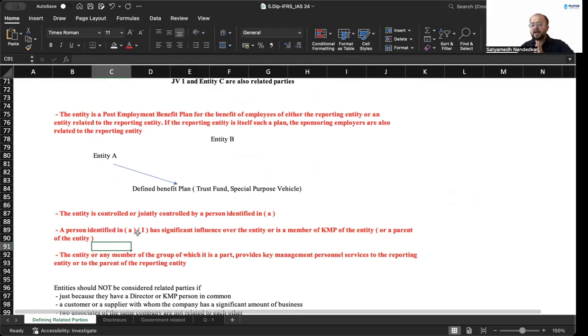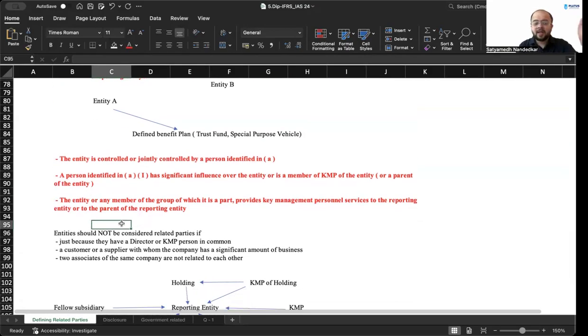Say, for example, I am the chief marketing officer of the company and this company has a subsidiary company. Then I am also related to the subsidiary company is what this clause is trying to say. So basically, what we are looking at is a list of situations where two parties will be considered to be related to each other.